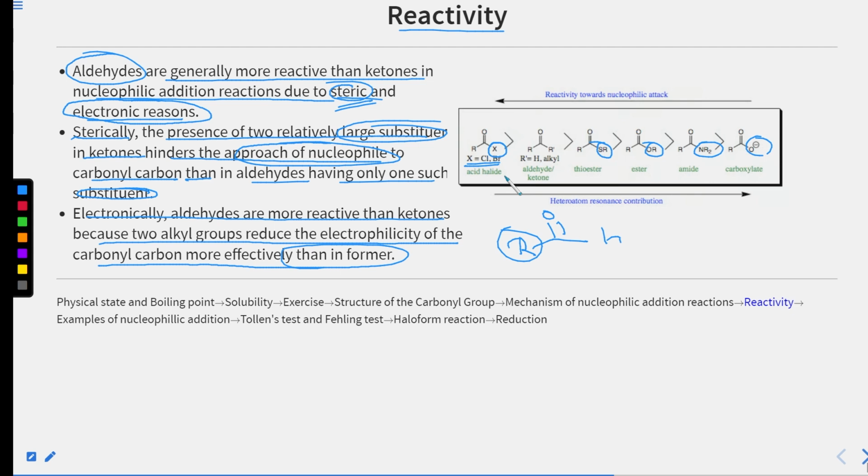So listen, students, what is happening in resonance? First of all, in resonance, we are donating electrons present in the highest occupied molecular orbital to an orbital which has the lowest energy. So we are donating in this way. But if we compare carbon and chlorine or bromine, they are in different periods. Since they are in different periods, the difference between their orbital energies is very high.